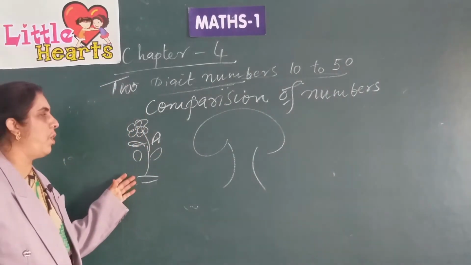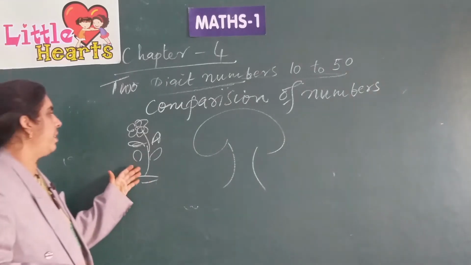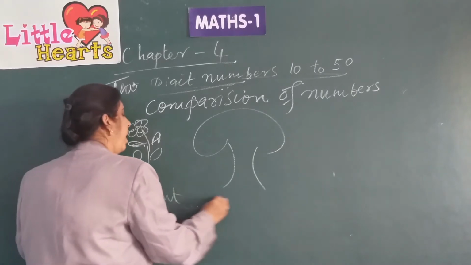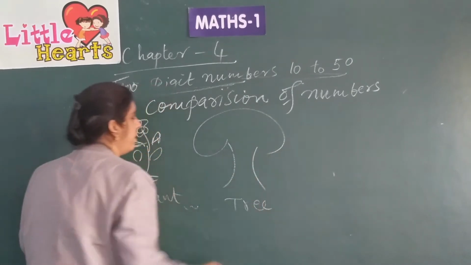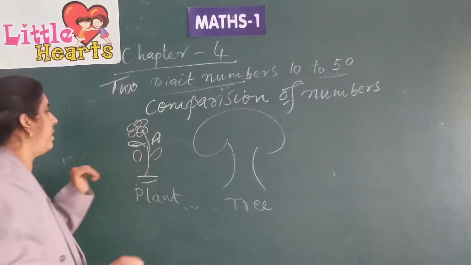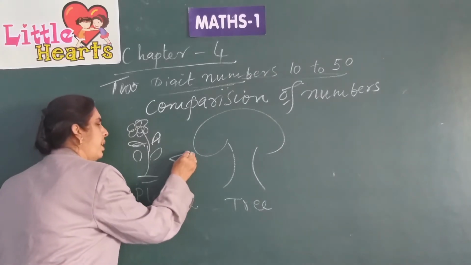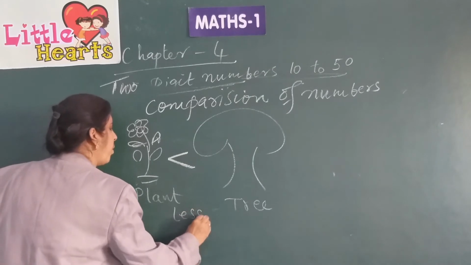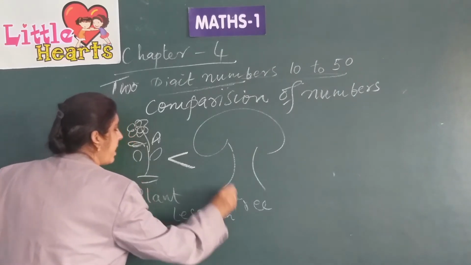So which is small, which is big? The plant is small and the tree is big. So this is smaller than this. We show it with the symbol less than. Comparing with numbers, we call this symbol less than.